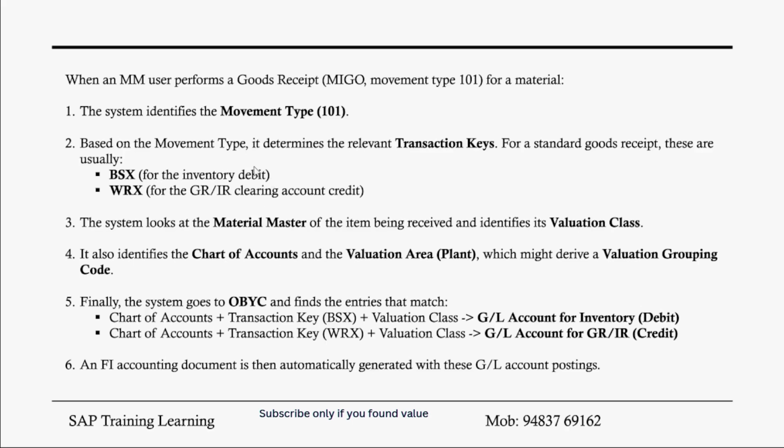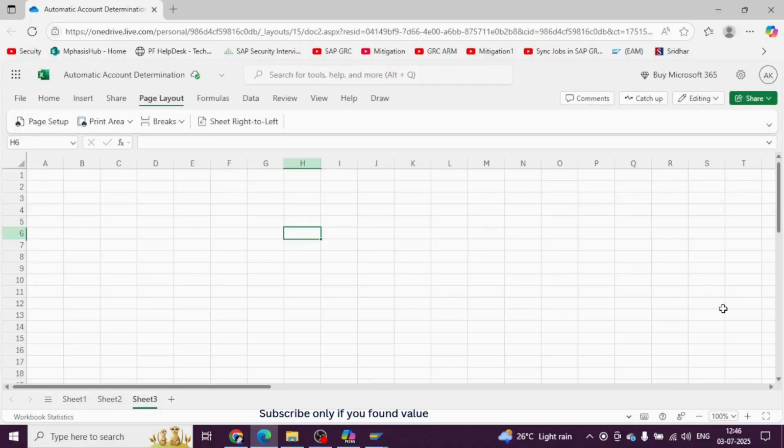Once all the settings are correctly configured, when you complete the MIGO transaction, the system automatically generates an FI document, and if you open that FI document, you will see the respective GL accounts triggered using this equation, which you maintained in the OBYC settings. Clear, right? So let's start.